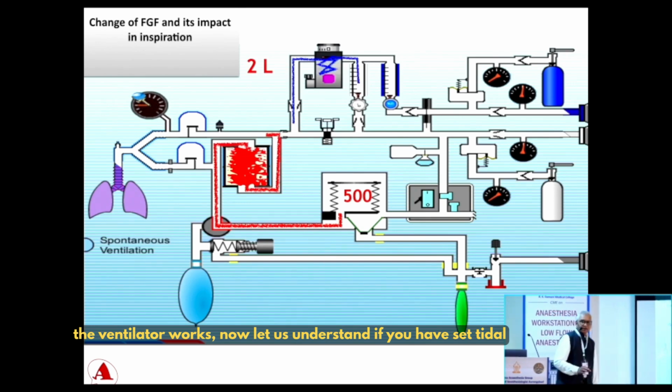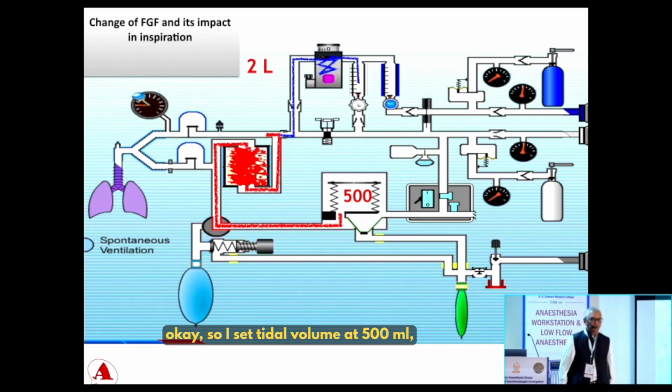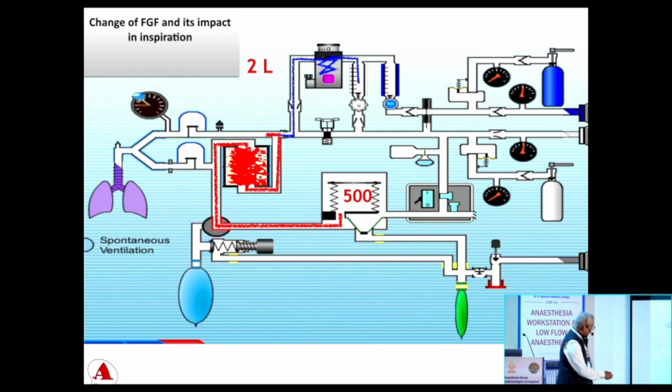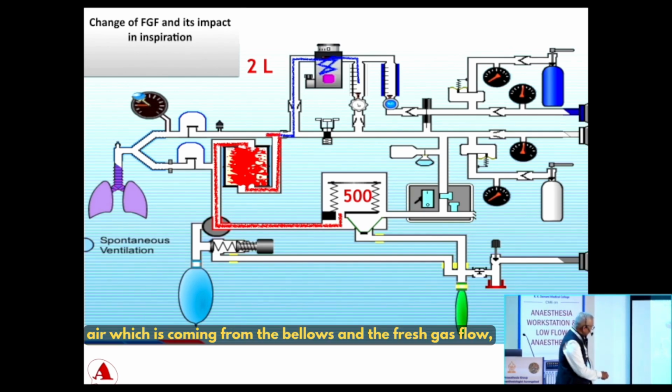Now let us understand. Say I have set the tidal volume at 500 ml. For 500 ml of air or anesthetic gas, the bellows squeezes. At that time if your flow is 2 liters, the 2 liter flow is also flowing, and in this line the air coming from the bellows and the fresh gas flow are mixing.